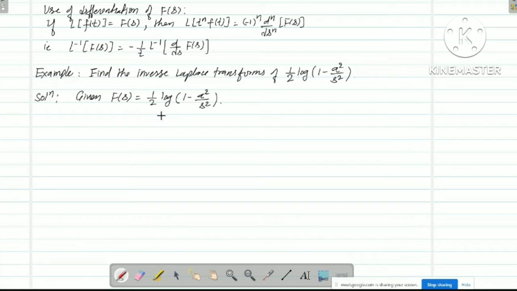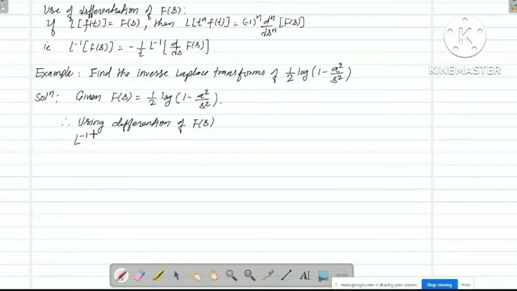Now we will use the differentiation of the function f of s to find inverse Laplace transform. So therefore we write, using differentiation of the function f of s.